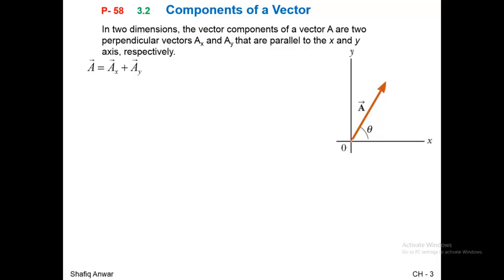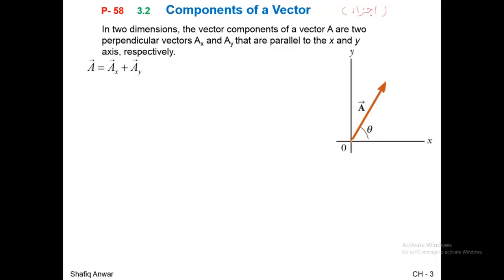Right. Next topic is components of a vector. Components of a vector mean parts. So we are going to find the parts of a vector.